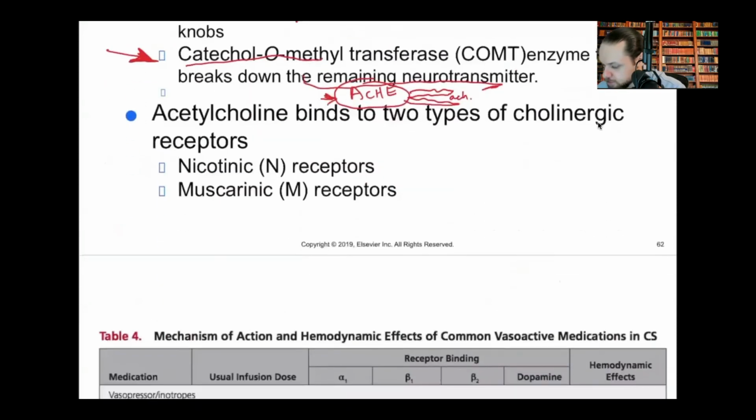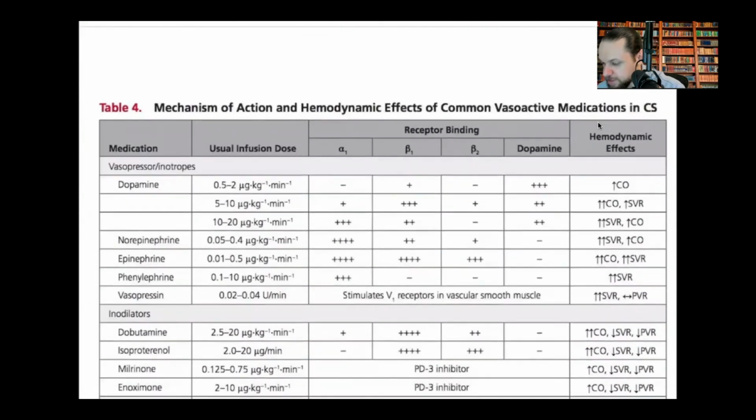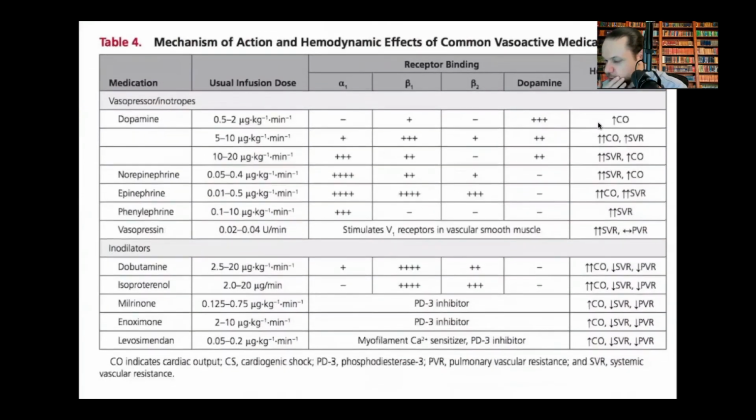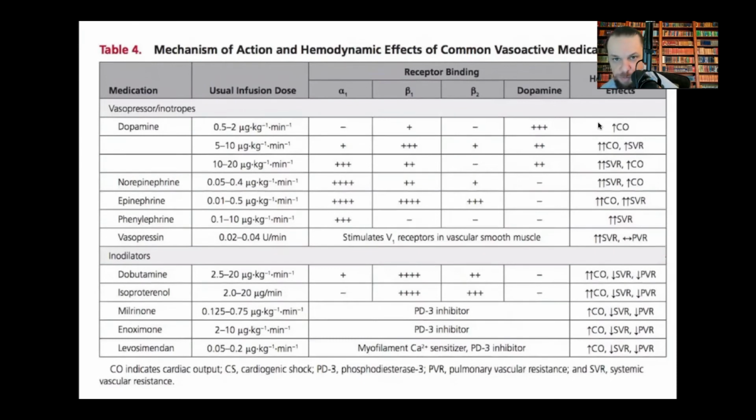All right. So now that we went through all this, I want to show you some medications. You're not responsible to know this right away, but hopefully as you learn this information, you can see what I mean. We talked about alpha-1 response, beta-1 response, and beta-2 response.